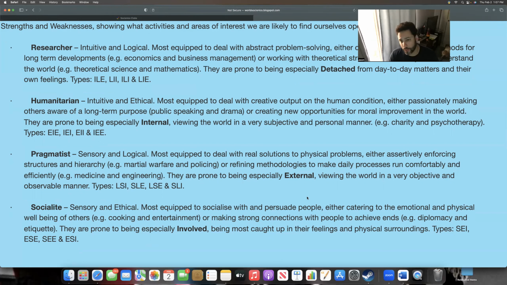This is a great thing to look for when you're trying to type somebody, type yourself, whatever. You can often see their temperament coming out. What are they most interested in? The theoretical, abstract problem solving, how things actually work, at least in theory.